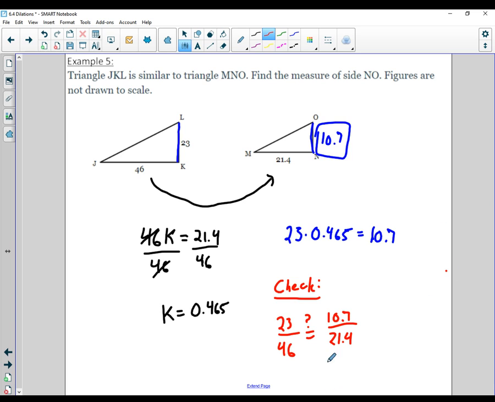And 10.7 divided by 21.4 is also 0.5. That's not the scale factor, that's just checking to see if they're proportional, right? This side length is to this side length as this side length is to this side length. And so that checks out that those are indeed equal, so we know that 10.7 is our correct answer.